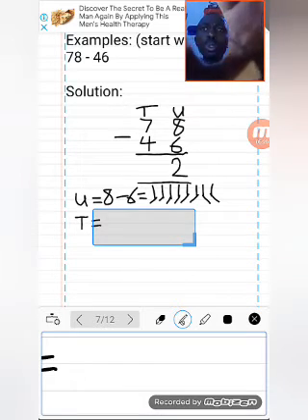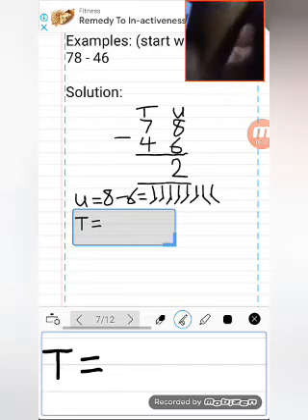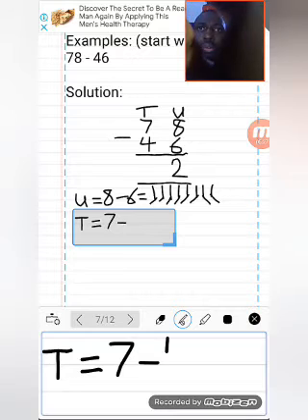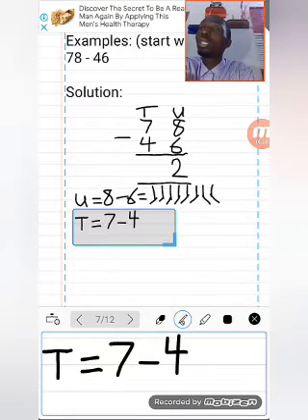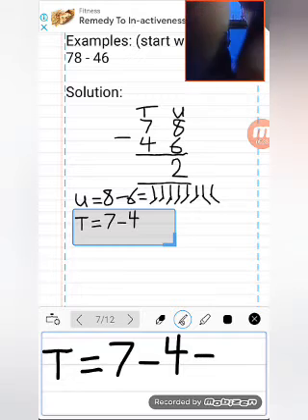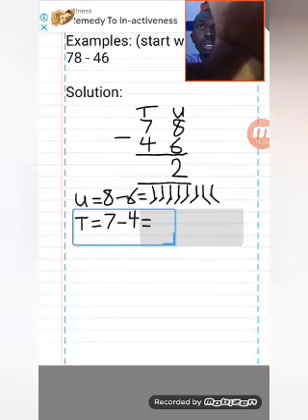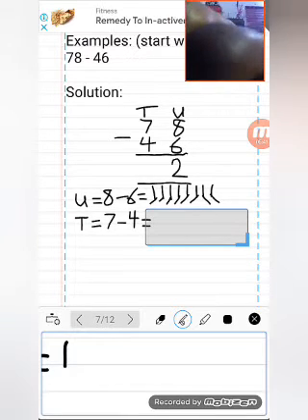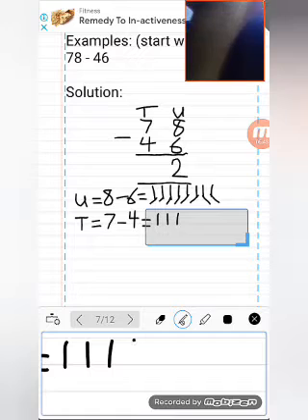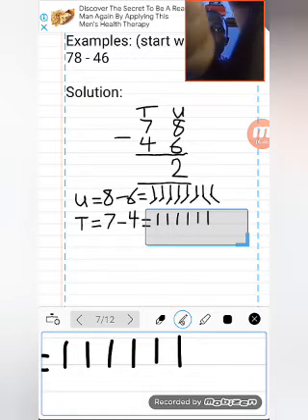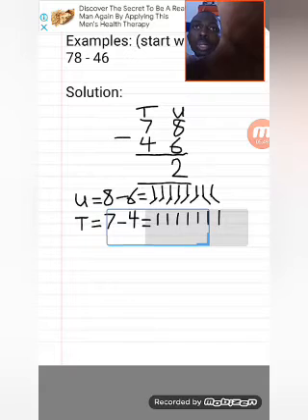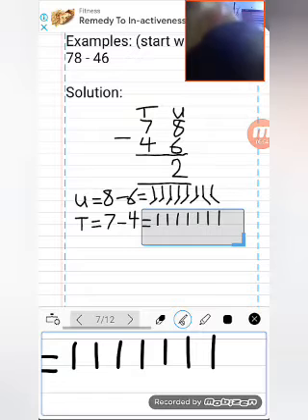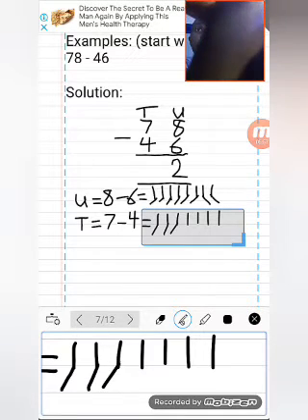Now for the tens, we have 7 minus 4. Let's count 7 strokes. 1, 2, 3, 4, 5, 6, 7. So what do we do? We take away 4. 1, 2, 3, 4.